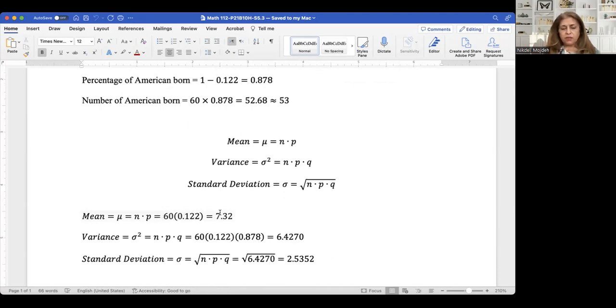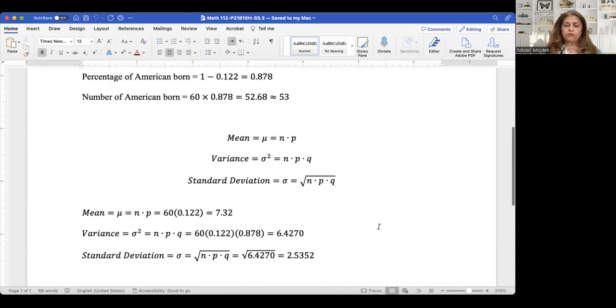That's the mean. For variance, sigma squared is n times p times q, 60 times 0.122 times 0.878. You get 6.4270. Then if I take the square root of 6.4270, I get the standard deviation, which is 2.5352.